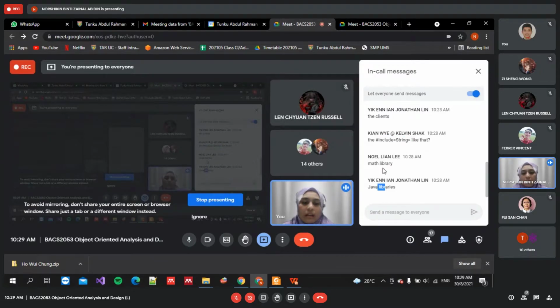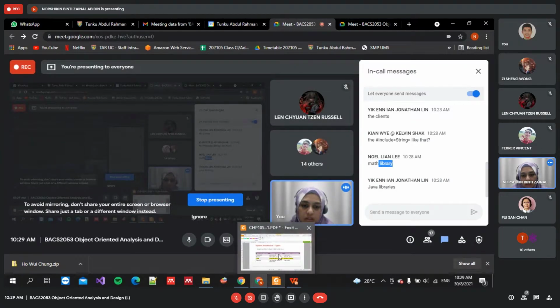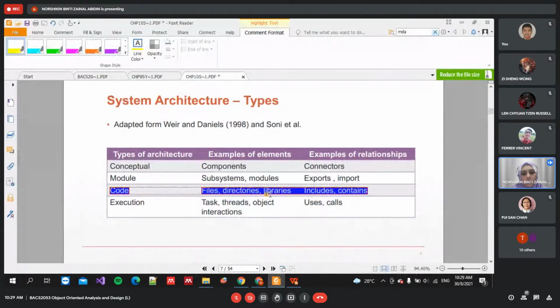So what is a library in programming? A library is where we store our functions. There are two types of function: first is built-in function, and second is self-defined function. A built-in function is a function that is already created and stored in our library.